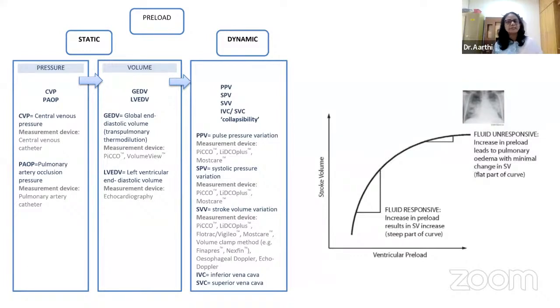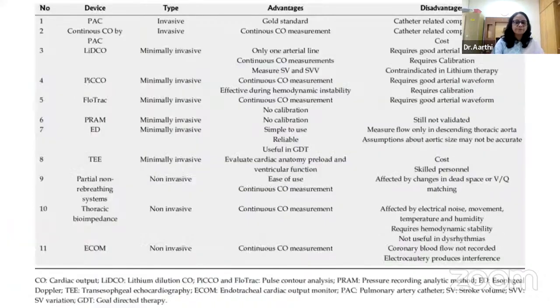So we need to understand in which patients these monitors can be utilized. Coming to the other parameters I was talking about earlier, the PiCCO and LiDCO monitors. Earlier, pulmonary artery catheters can be utilized as continuous cardiac output monitors or for single-time cardiac output measurements.